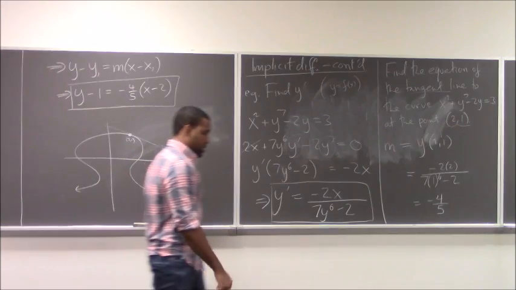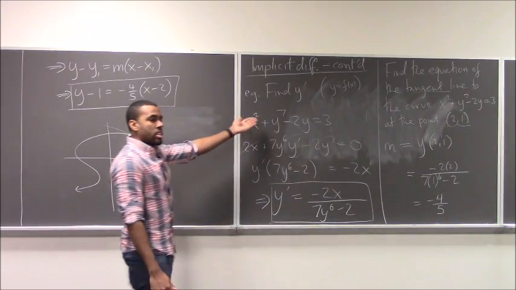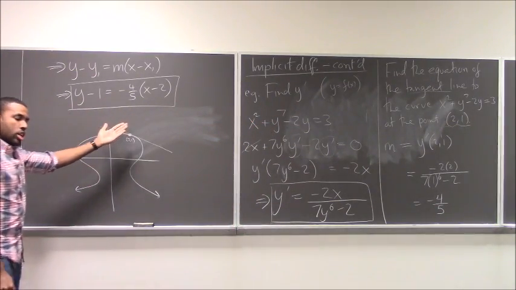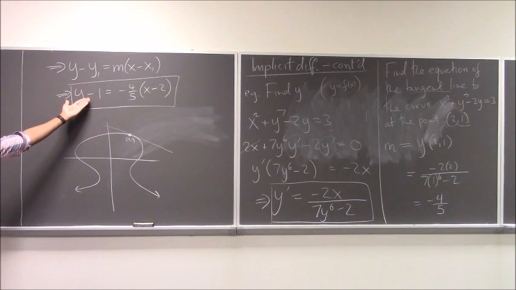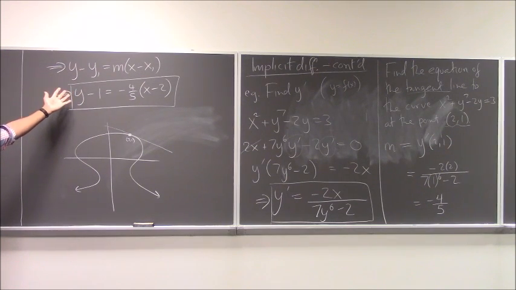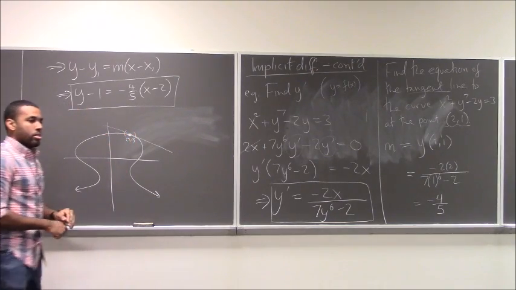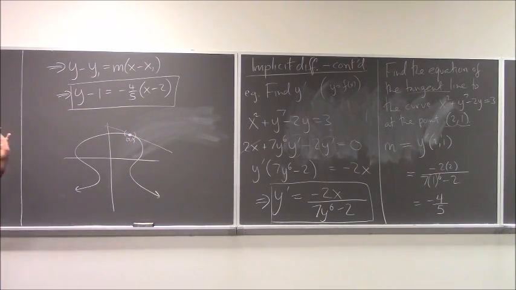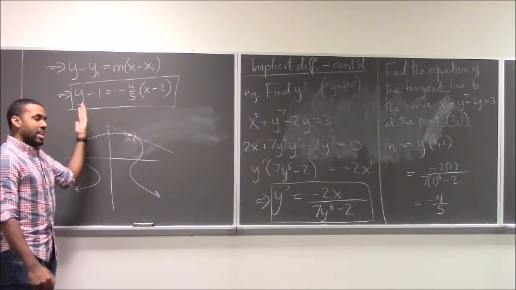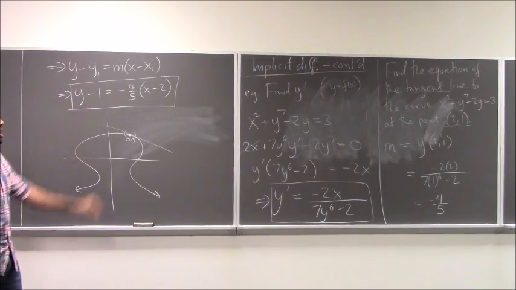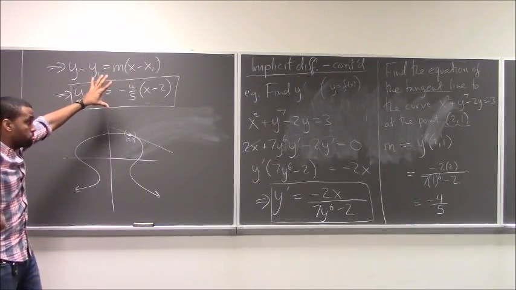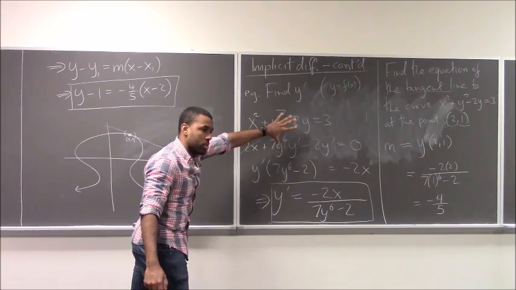Now, one reason why that's useful is because this function is very difficult to work with in general, but a straight line, we know everything about a straight line. We can work with straight lines till kingdom come. So basically, if we zoom in, the tangent line and the function do the same thing. And so working with this is pretty much just as good as working with this, right?